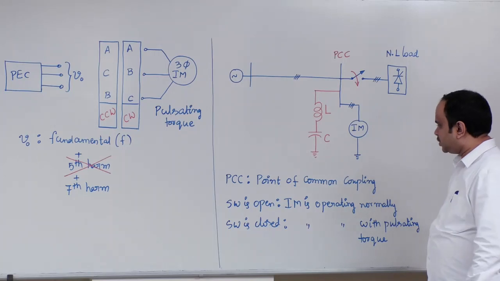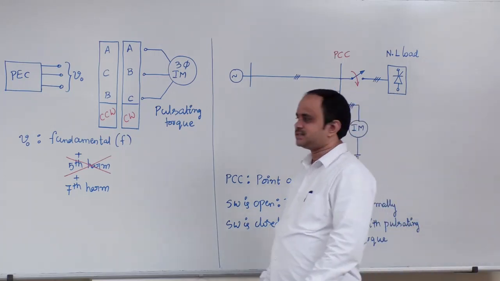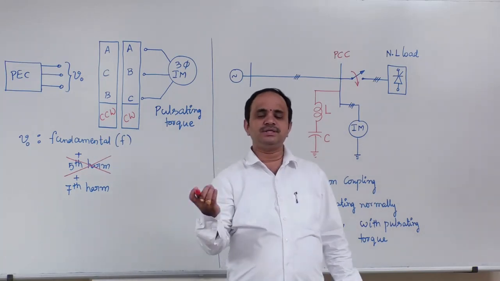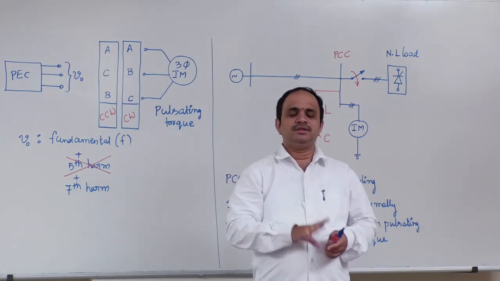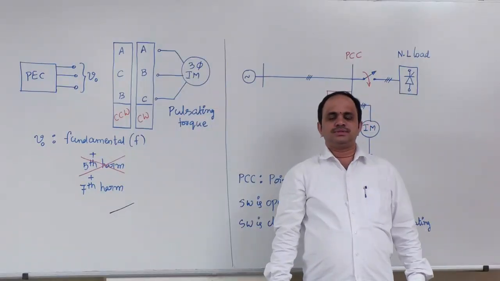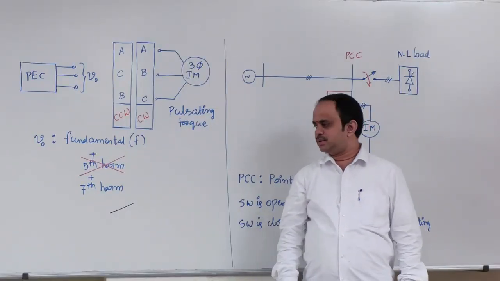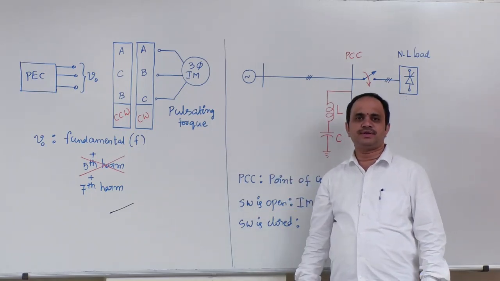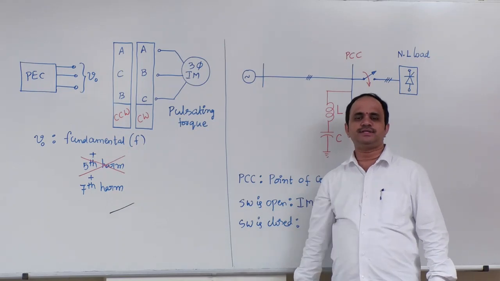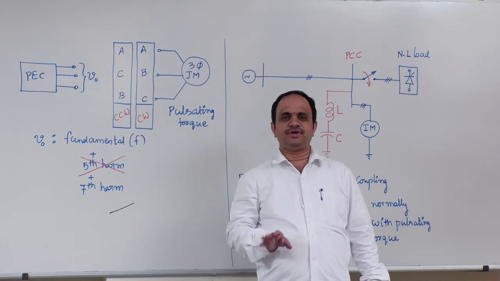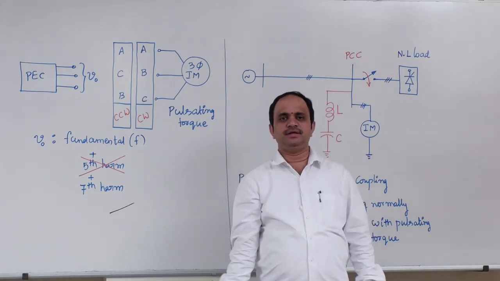Okay. So the overall discussion is, whenever harmonics are present or injected into the grid, the loads will operate with deviated performance. So here the conclusion is, whenever three-phase power electronic circuits inject harmonics into a power system grid, the loads will operate with a performance a little bit deviated.